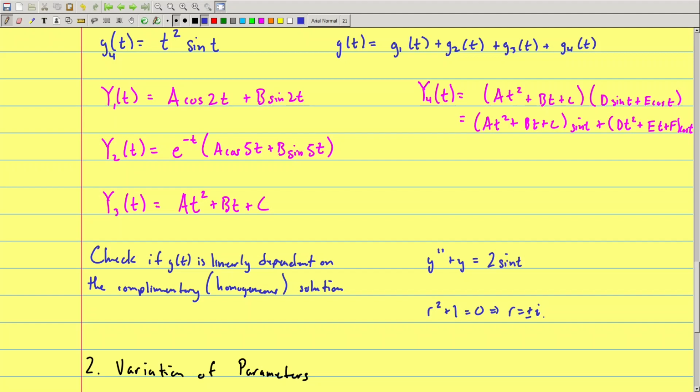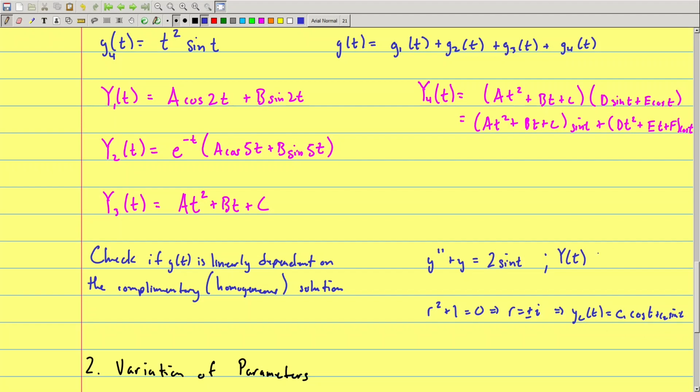The roots of the characteristic equation are plus or minus i, which tells us that the complementary solution is going to be a linear combination of cosine and sine. Right? This means that whatever guess we make for the particular solution is going to have to be modified somehow.